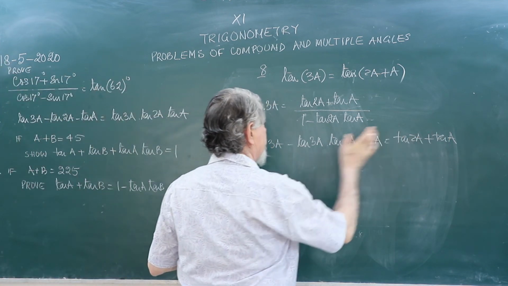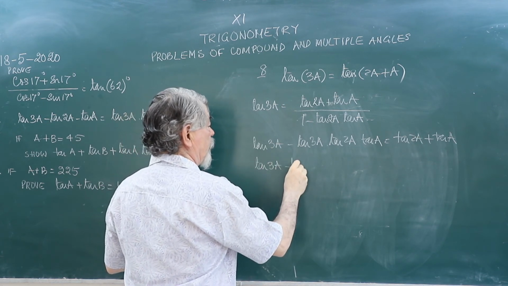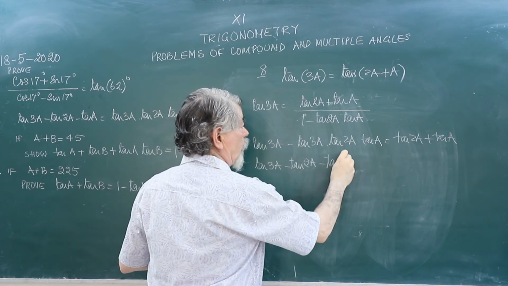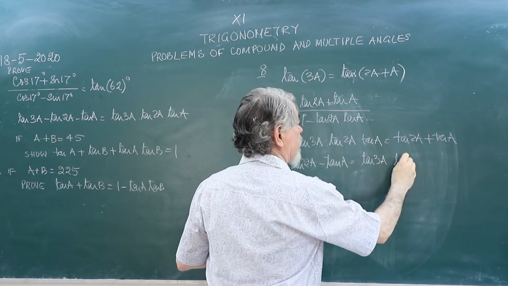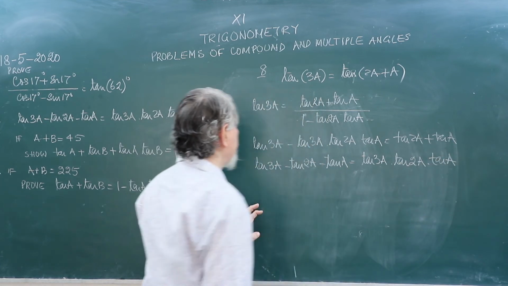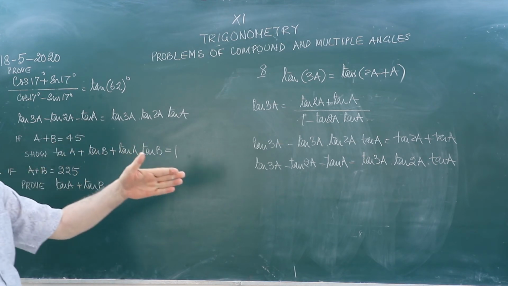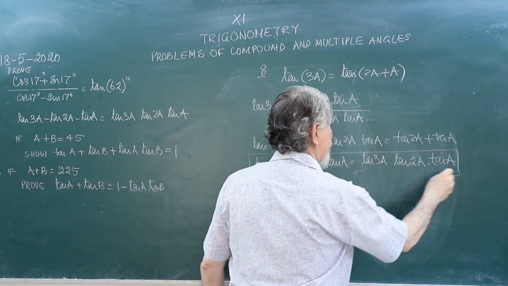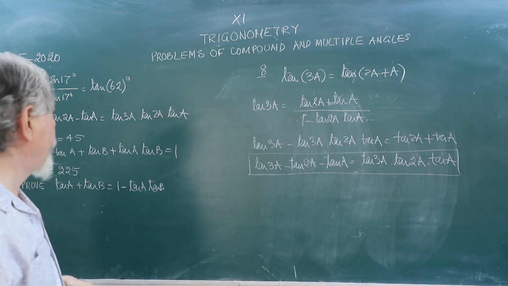So I'll bring these terms this side. tan 3a minus tan 2a minus tan a will be equal to tan 3a tan 2a tan a. This is what you require. So this is what the required answer was. This kind of question also we had done, tan 7 and 4.